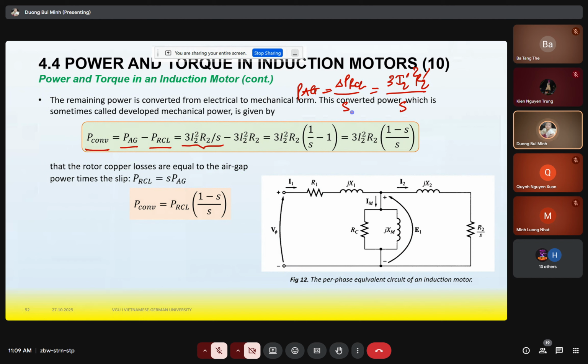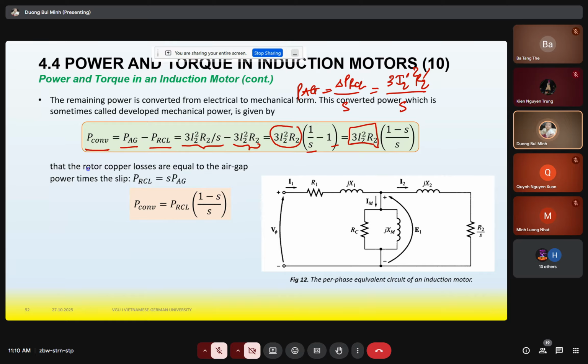If we take 3 I2' squared R2' outside as common variables, inside the bracket we have 1 over S minus 1. Okay, so 1 over S minus 1 is (1 minus S) over S.